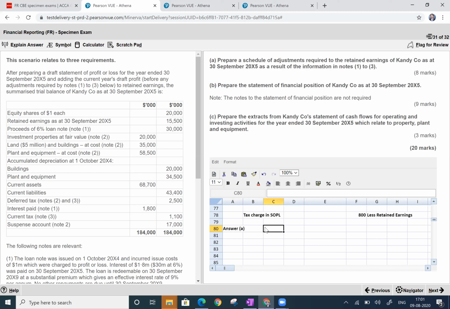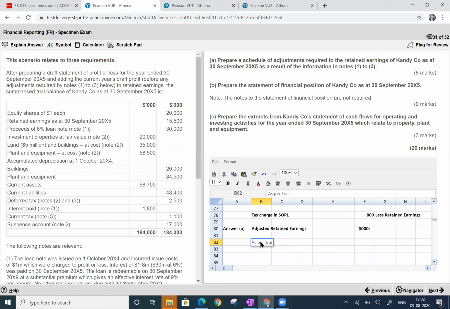So you can simply say adjusted retained earnings, in dollar thousands. So adjusted retained earnings start from the given figure in the trial balance, or as per trial balance.